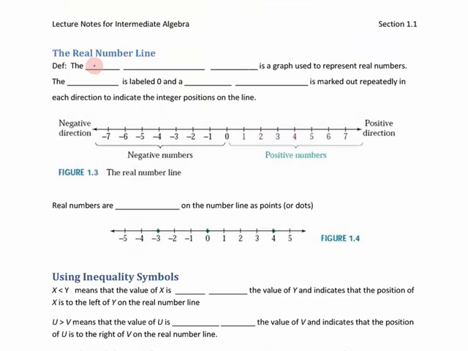The real number line is a graph that is used to represent real numbers. The origin is labeled 0.